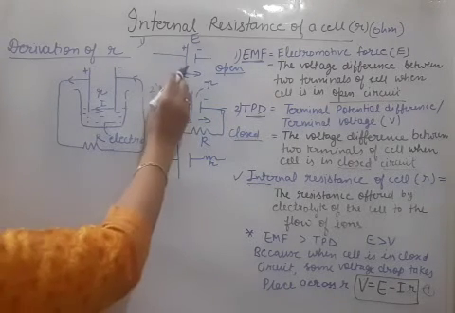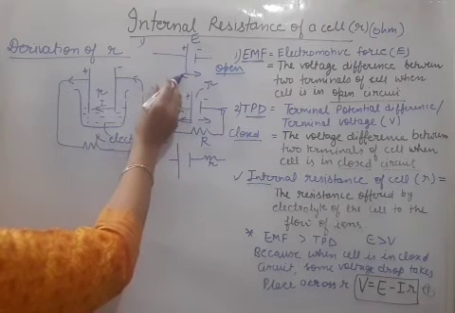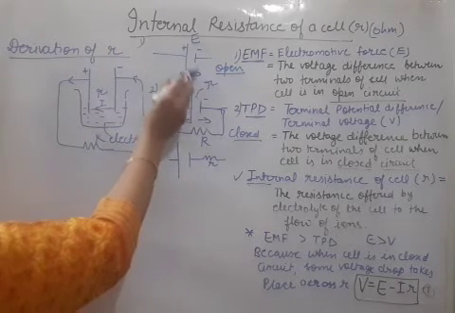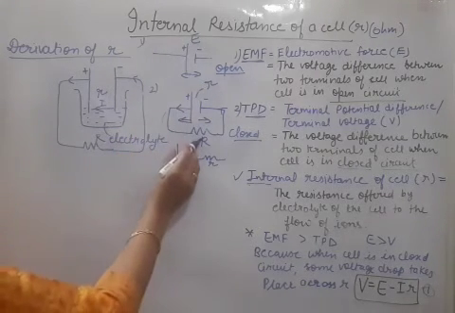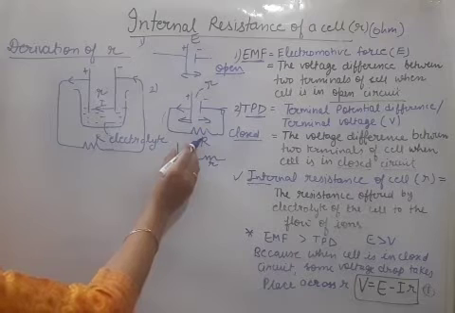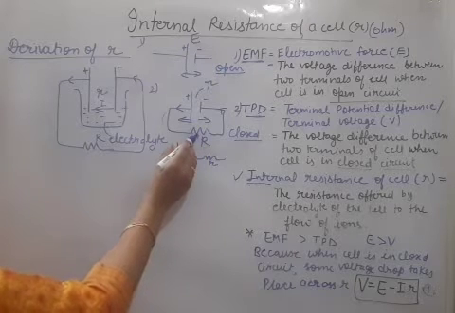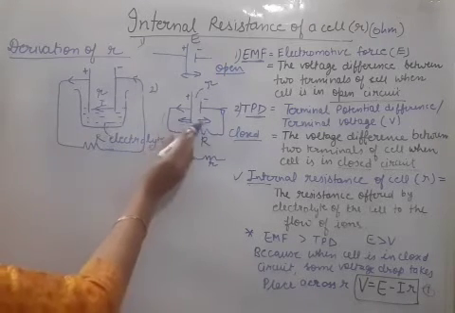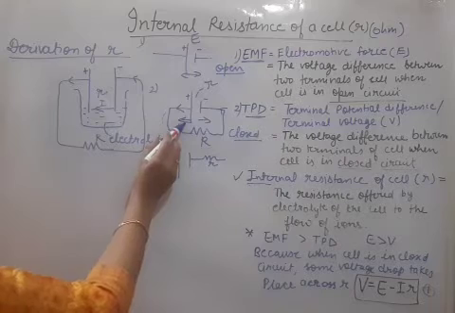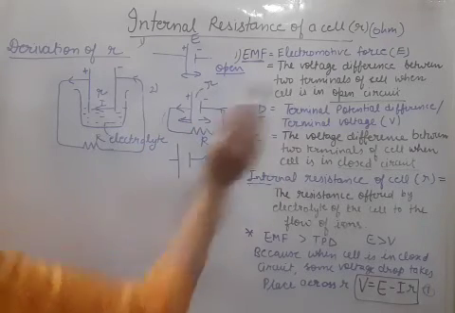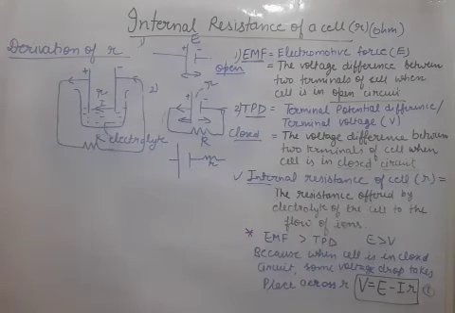So when the cell is open, the potential difference is E, and when the cell is closed, connected across any resistance, whatever potential difference is there, that potential difference we call terminal voltage V.